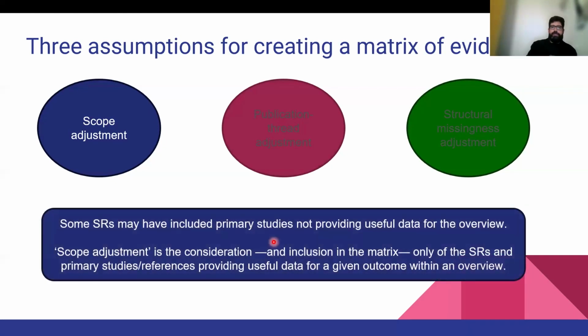What do we mean by this? The scope adjustment, we need to consider that some systematic reviews may have included primary studies not providing useful data for the overview.